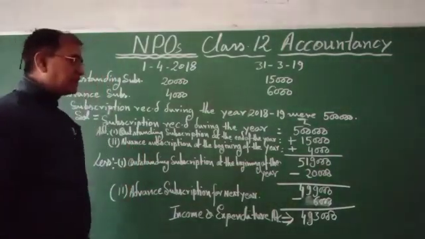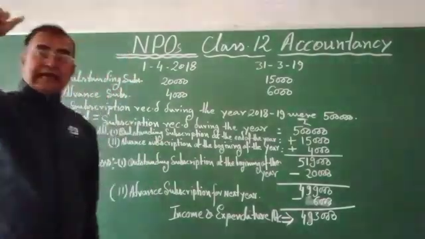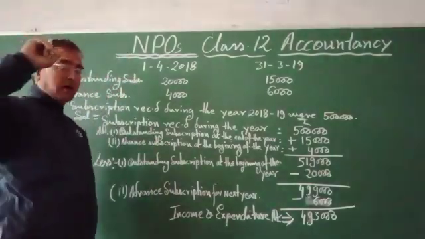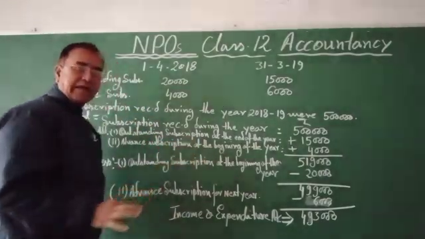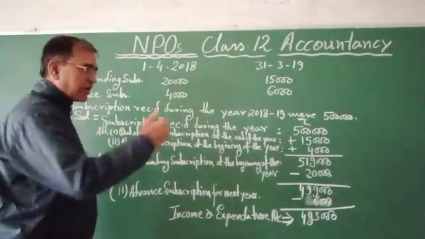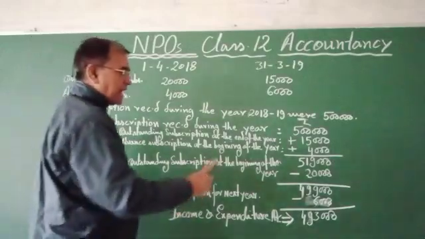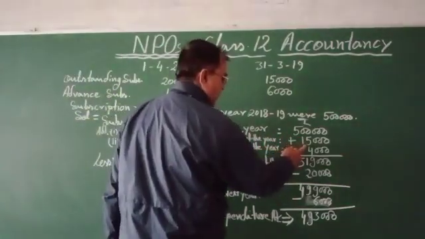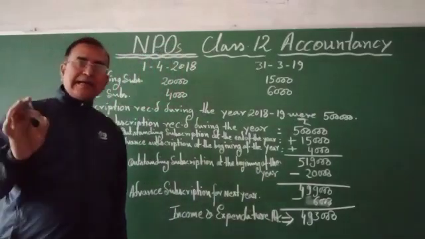Advance subscription at the beginning of the year, received in the previous year, relates to this accounting period, so we add this also to the subscription received during the year. So 5 lakhs plus 15,000 plus 4,000 is equal to 5 lakh 19,000.